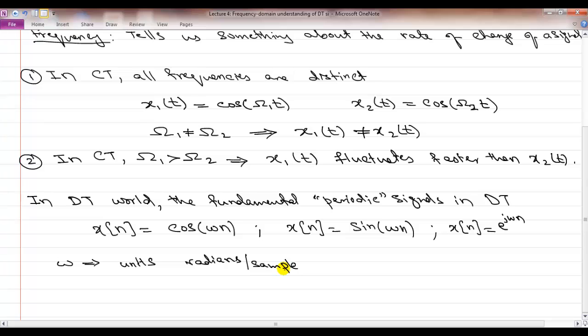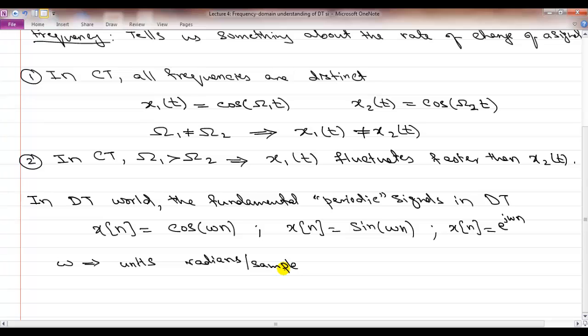In continuous time, when we say the frequency is, let's say, 2000 pi radians per second, what it means is, if you are thinking of this complex sinusoid, it is going to cover 2000 pi radians around the unit circle, so it's going to do 1000 rotations of this circle in 1 second.